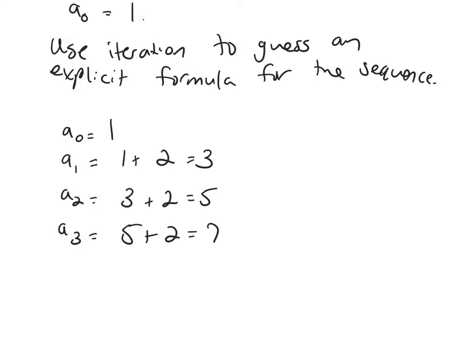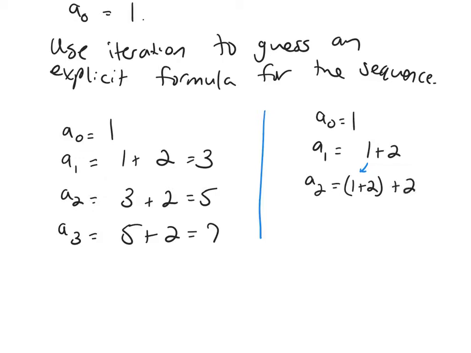It's nice to think about these in the following way. So let's rethink about this a little bit. a0 was 1. a1 was 1 plus 2. For a2, you take your previous result, 1 plus 2, and then you add 2 to that.